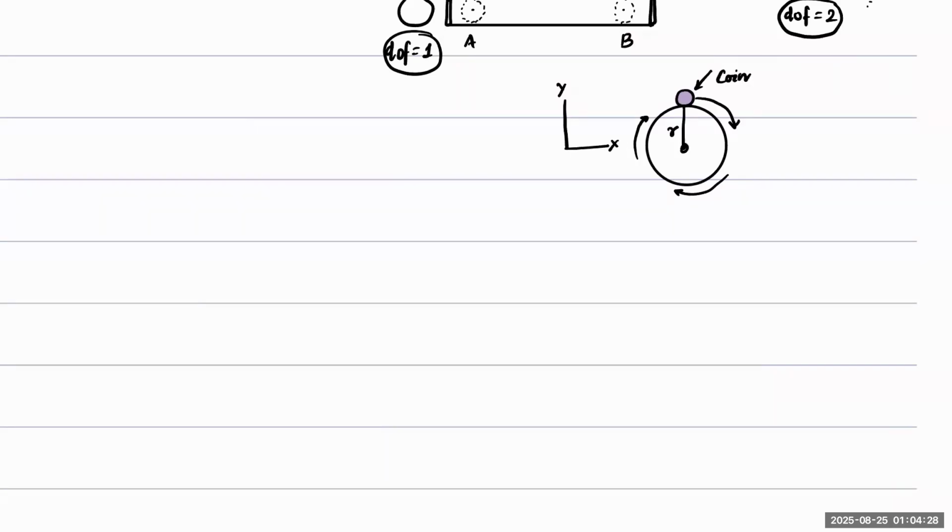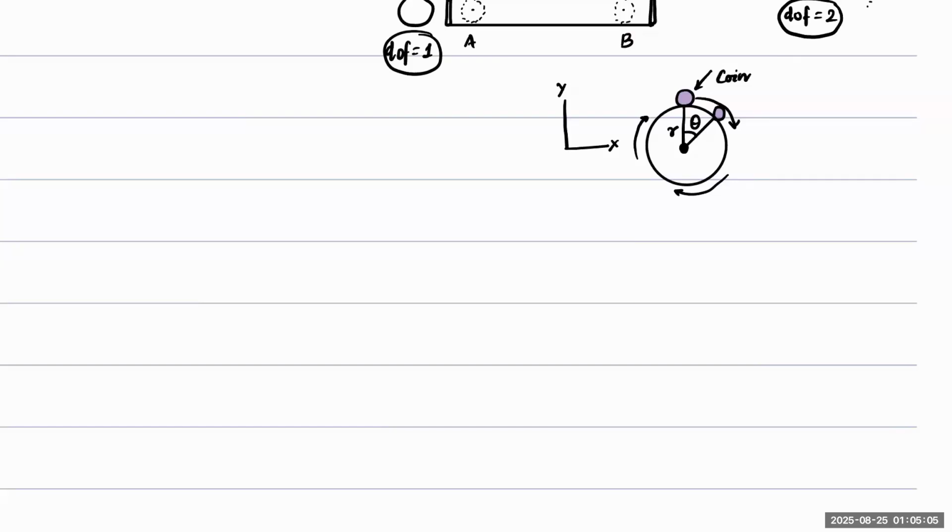If this is an origin, this point at the center, and this is an angle theta which this particle makes when it moves to this position, can I define the position of this particle with respect to r and theta or no? Correct? Everyone? Coin moves in polar coordinates.